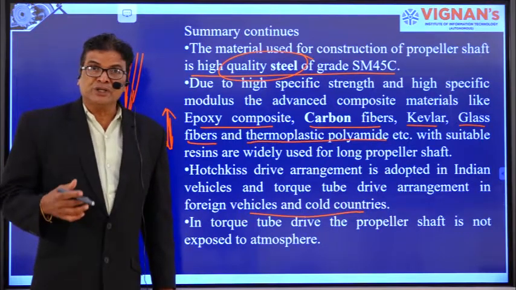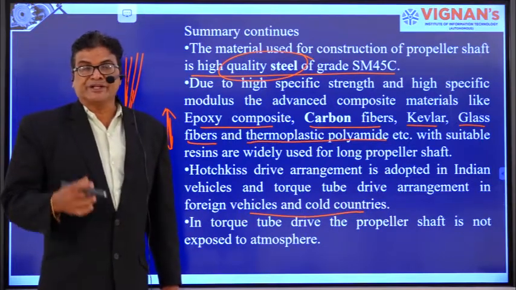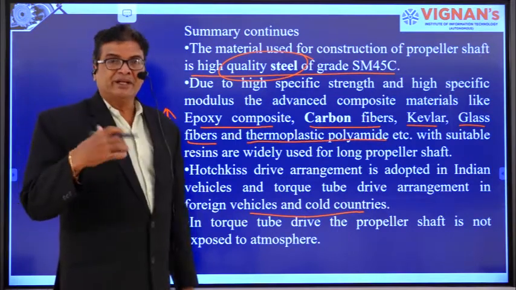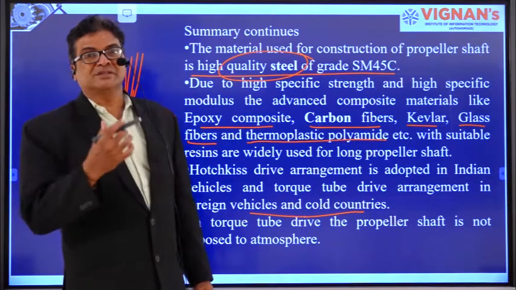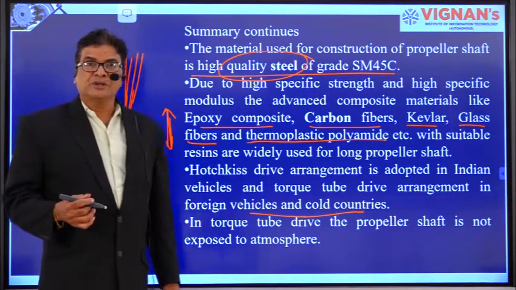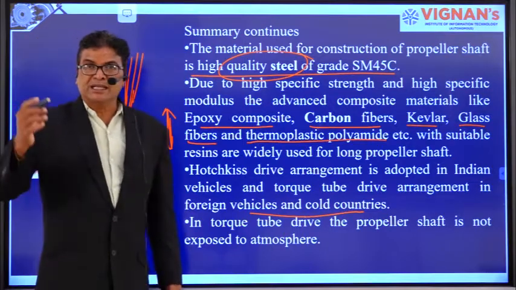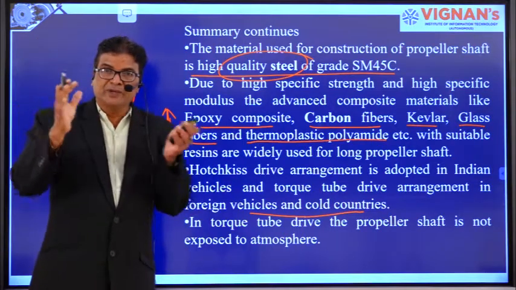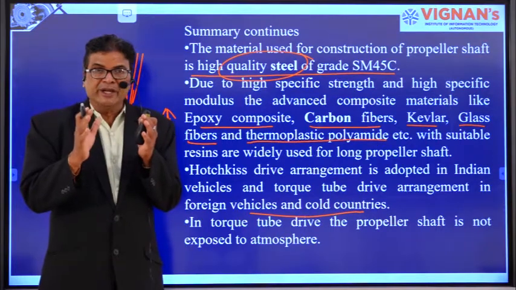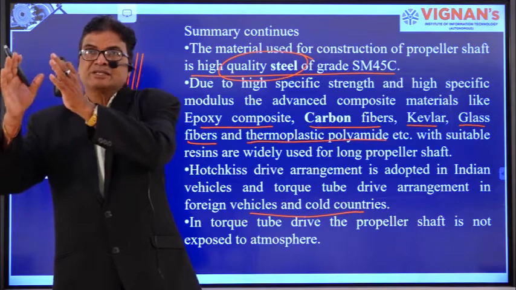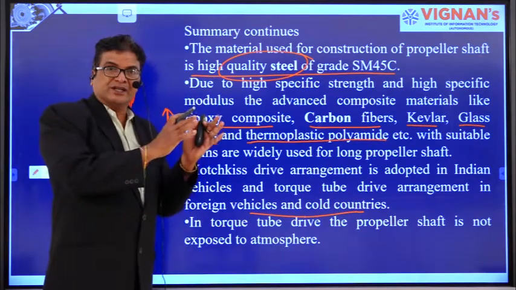In foreign countries, the temperature is very low, and steel is very much absorbent of low temperature. Due to low temperature absorption, the size of the propeller shaft will become smaller. Thereby it may cause damage to either the gearbox on one side or the differential on the other side.